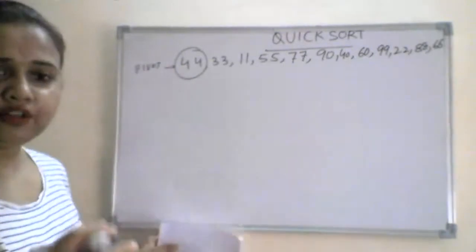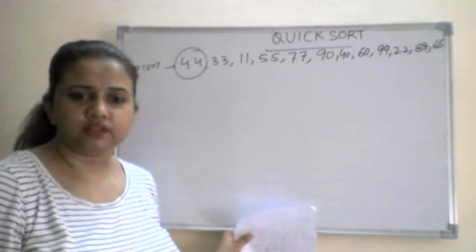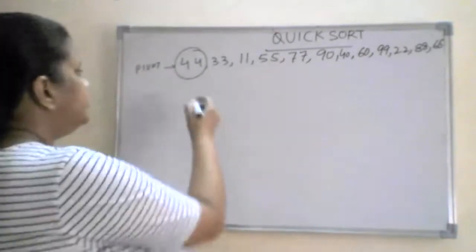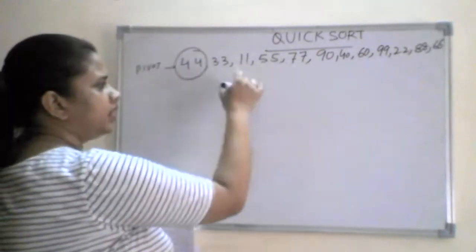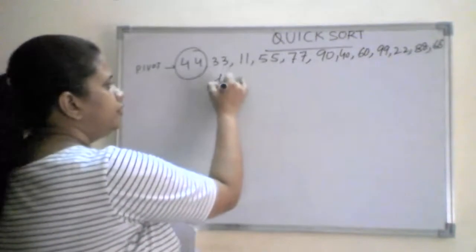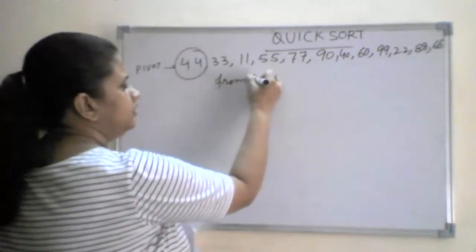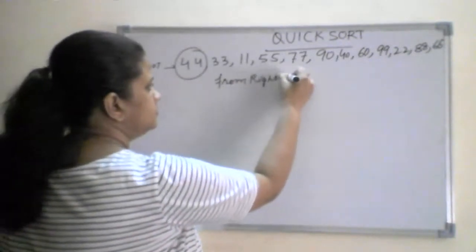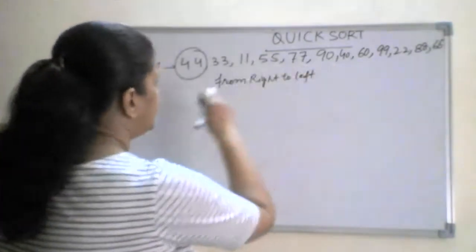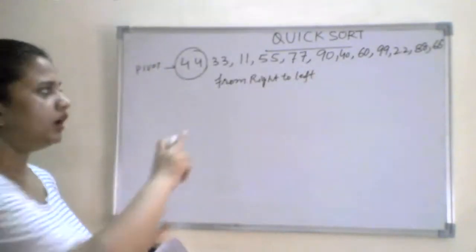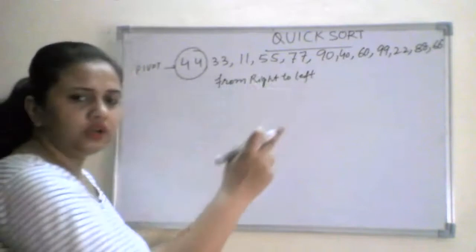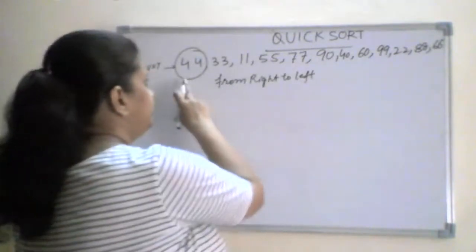The very first step is that you will choose a pivot element. After that, you will traverse this list from right to left.